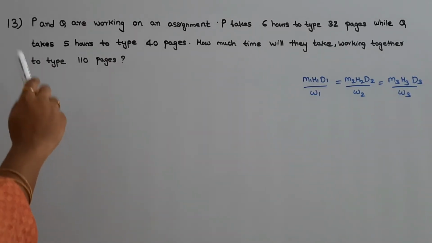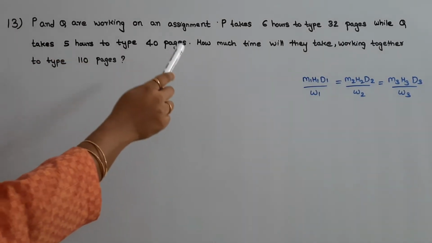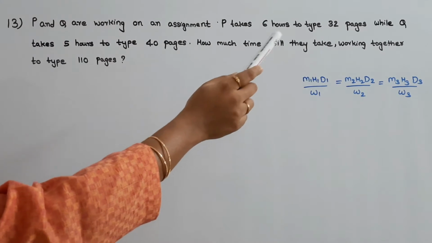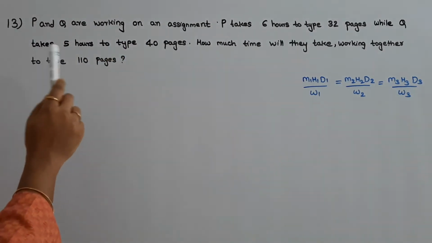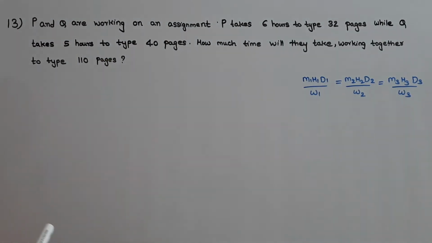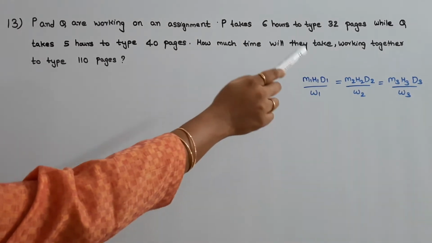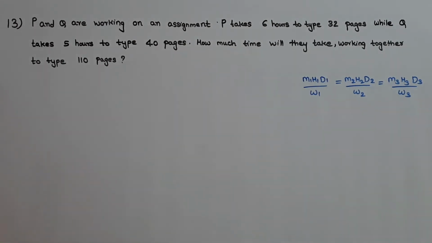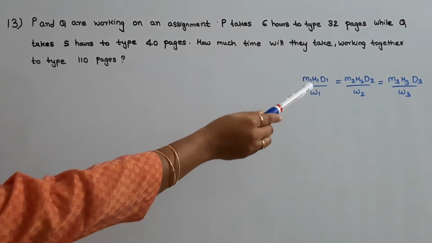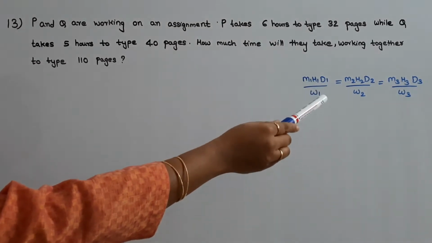The next question is: P and Q are working on an assignment. P takes 6 hours to type 32 pages while Q takes 5 hours to type 40 pages. How much time will they take working together to type 110 pages? In this question also we use the same formula, M1 H1 D1 by W1 is equal to M2 H2 D2 by W2.